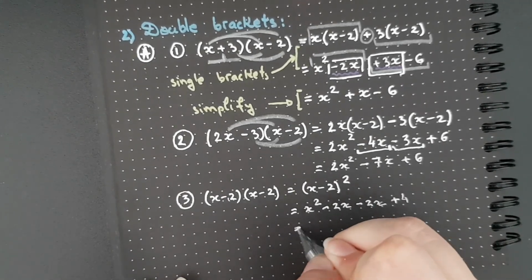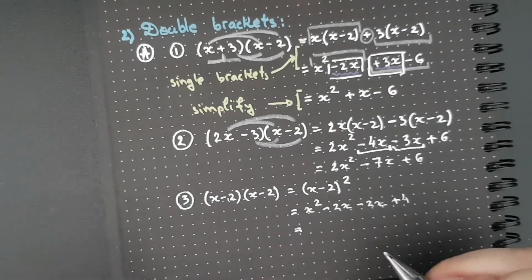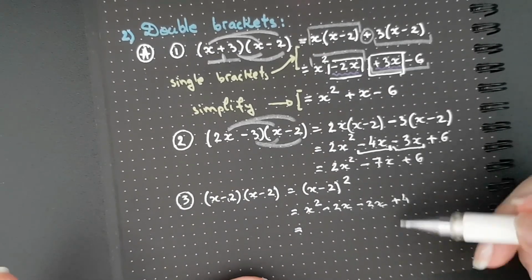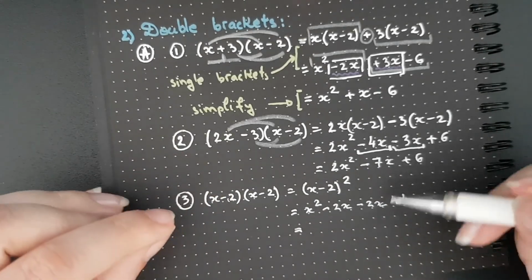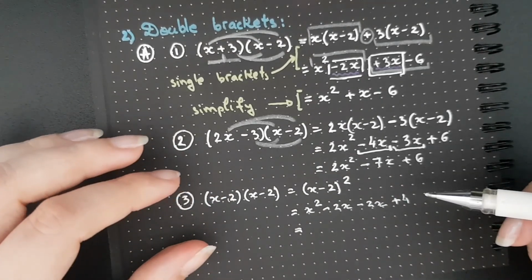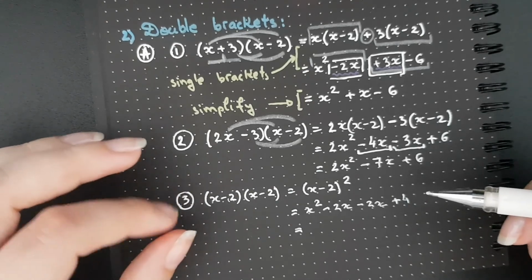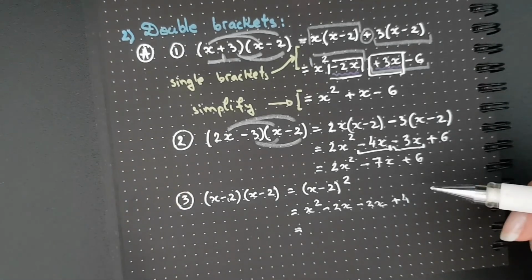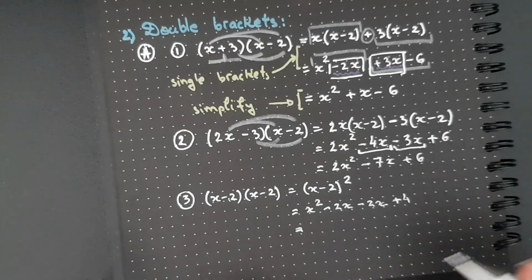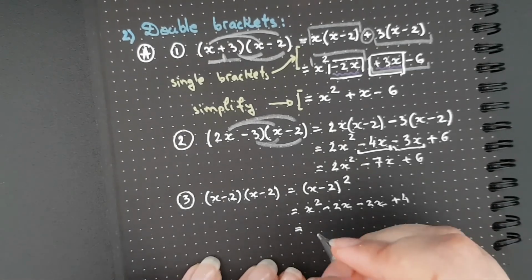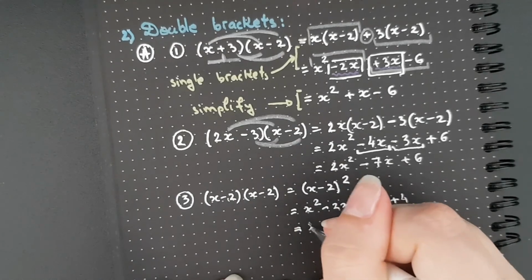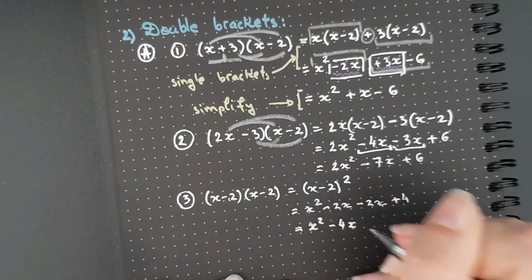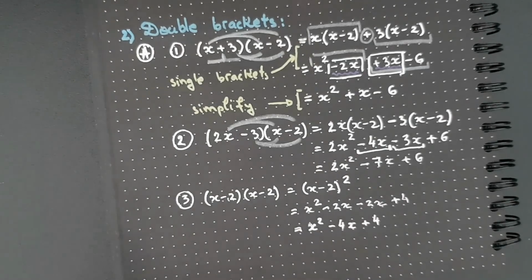At one point, after you get so used to this, you're going to see that different parts of this kind of go away when you do your solution. The method gets shorter and shorter, because you're so used to the method and you understand what's happening that you put fewer steps in it. And again, I'm looking at the middle ones. I've got x squared minus 4x plus 4.